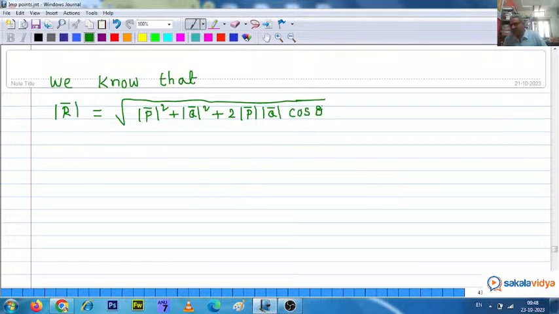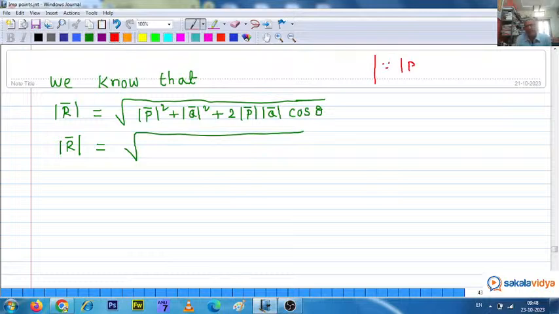Let us substitute. So mod R bar equals root of, here it is clear that mod P bar is equal to 30 newtons, mod Q bar is equal to 40 newtons, and angle between them theta is equal to 90 degrees because they are perpendicular to each other.